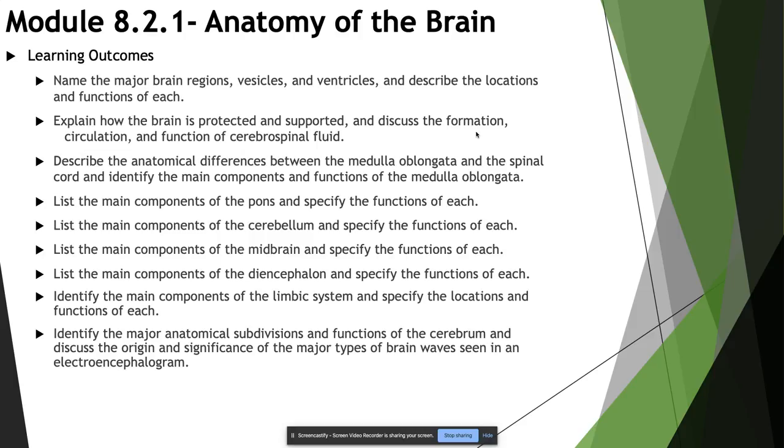Remember that the rest of this module is just going to be further information about what the overview was for Module 8.1. So in this one and the following ones, you're going to see some information that we've already talked about. So you may not need to listen to this whole thing, because 8.2.1, 8.2.2, and 8.3 are going to be significantly more detailed than 8.1 was, which is going to mean a longer video and a longer PowerPoint.